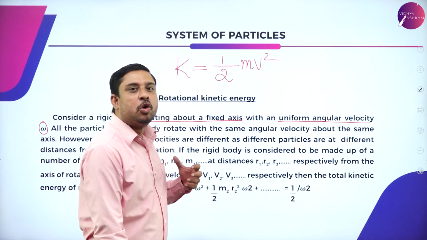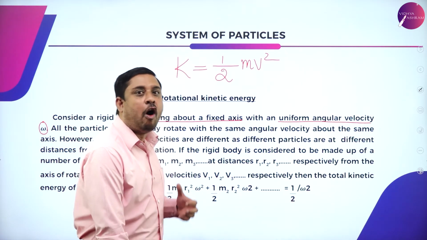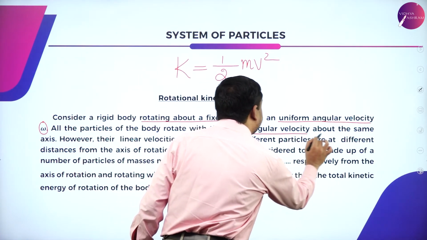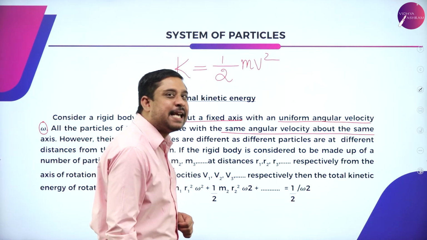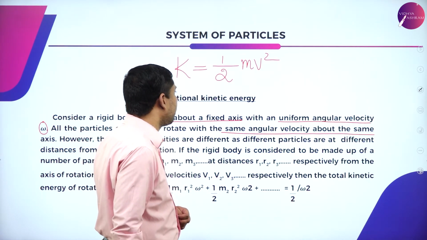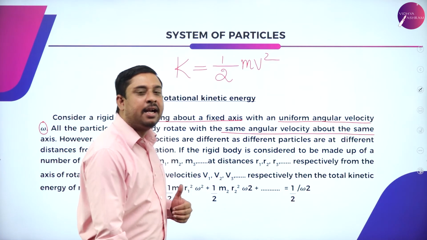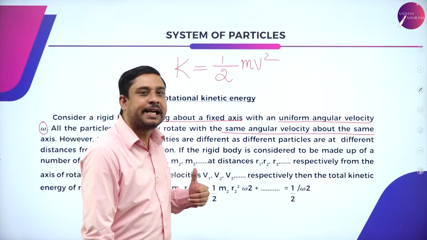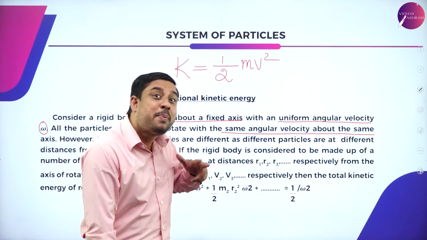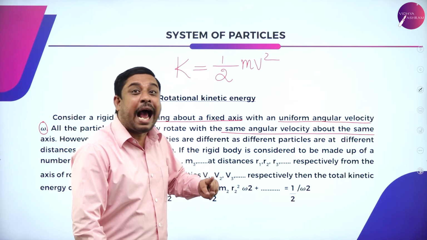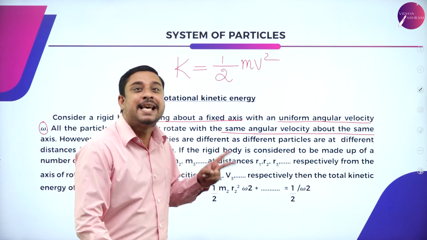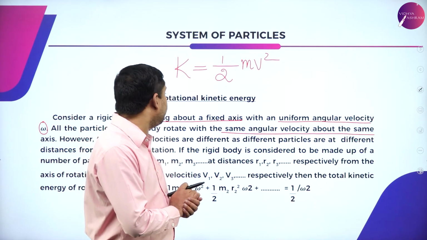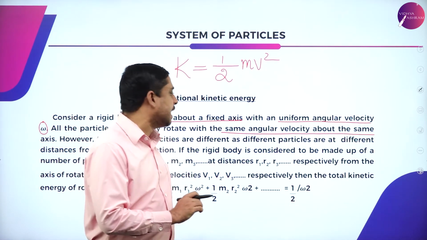So the body rotates with a uniform angular velocity, which means all the particles rotate with the same angular velocity. Here you should understand the linear velocities of the particles are different with respect to each other, but their angular velocities should be the same. Therefore, I say the body is rotating with uniform angular velocity.